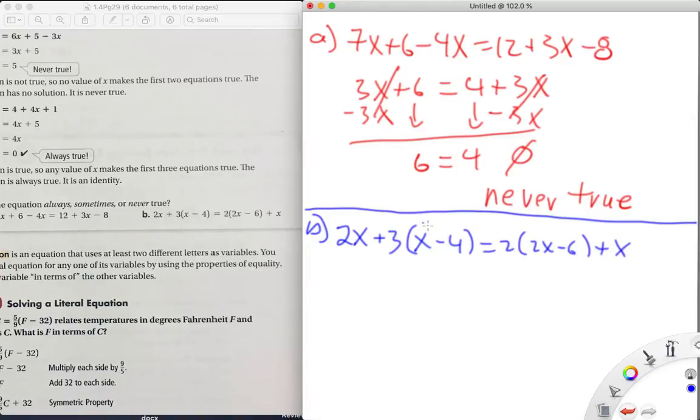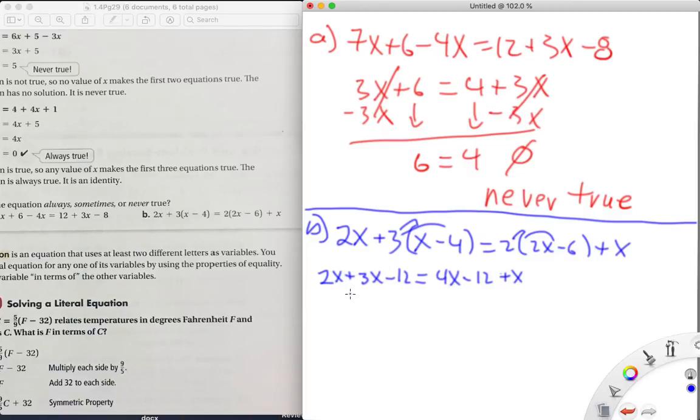Okay, I'm going to use the distributive property, and this is 2x plus 3x minus 12 is equal to 4x minus 12 plus x.